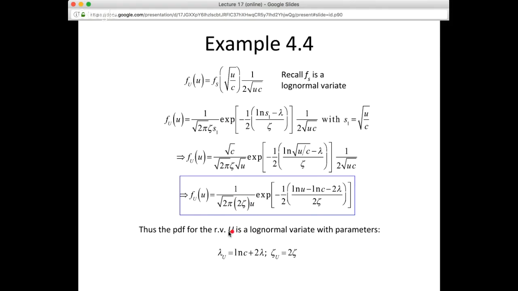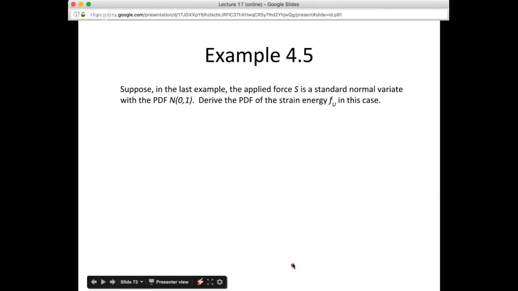So in fact, the PDF for the random variable U is just a log normal variate, just like the original one, but with new parameter values. Lambda of U is equal to natural log C plus 2 lambda, instead of being equal to lambda, and zeta of U is now equal to 2 zeta. So that's kind of a cool result.